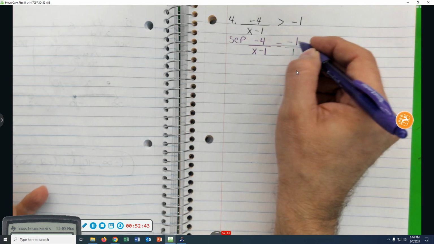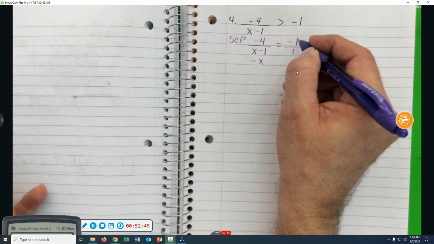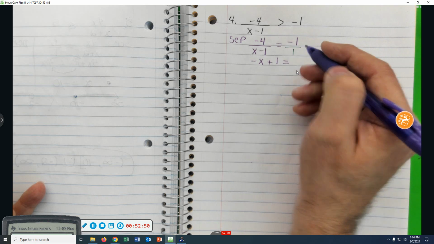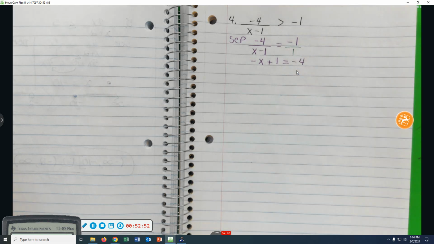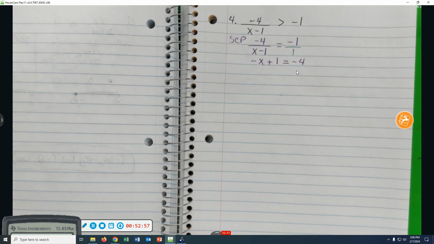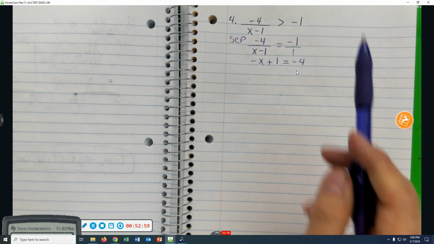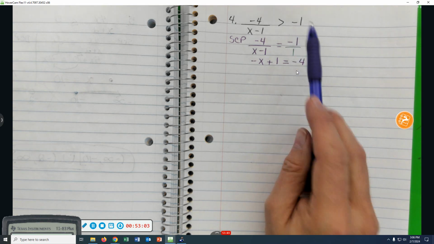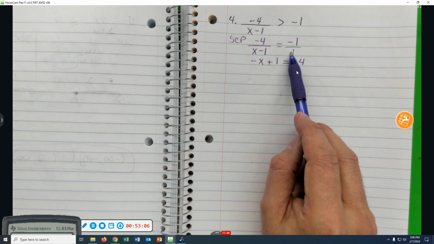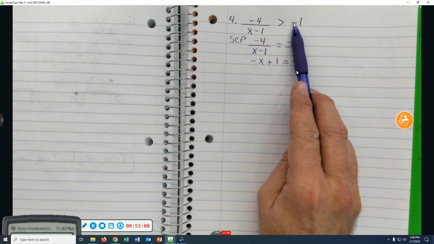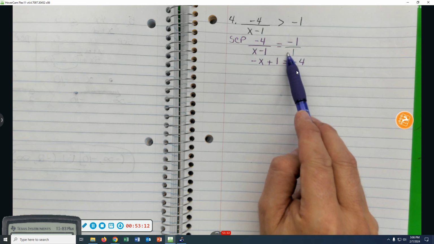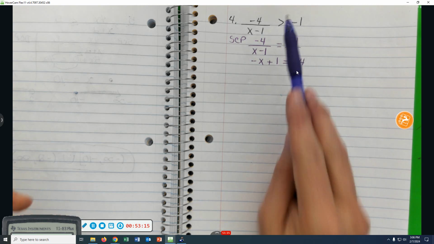I'll have negative x plus 1 equals, is that a negative 4? Oh gosh. Oh, by the way, remember, sometimes students will say they want to go negative 1 over negative 1. No. This sign goes on the top number. Don't put negative in negative, because that would be a positive one.